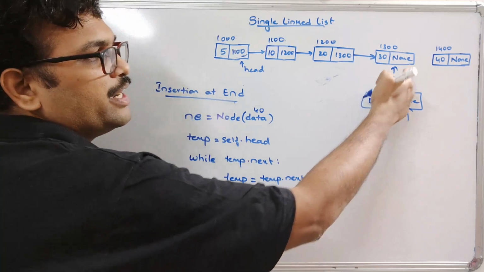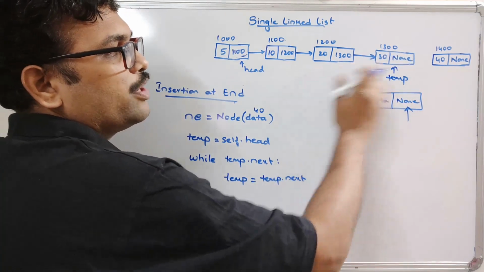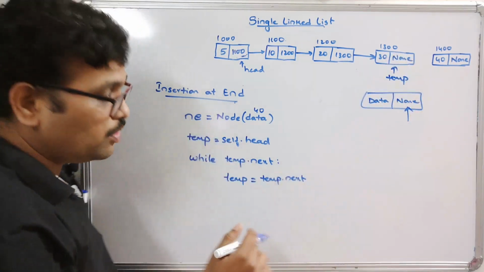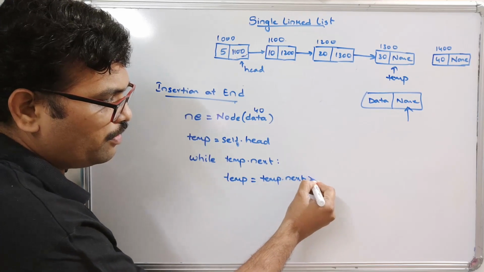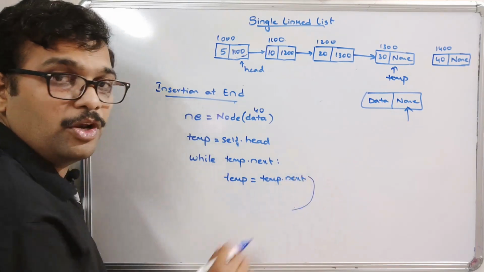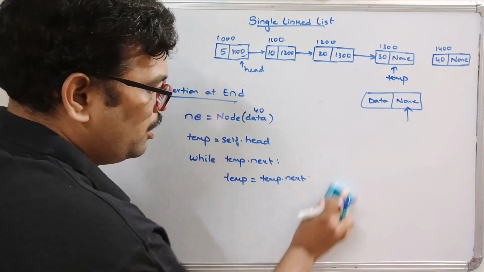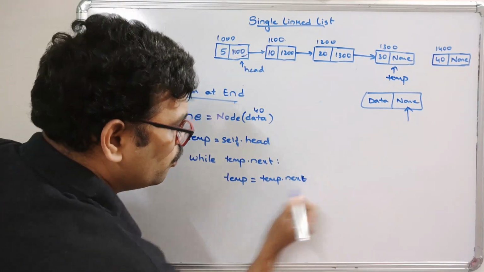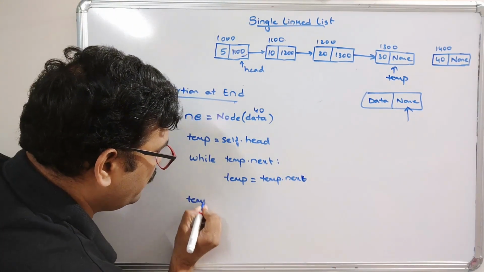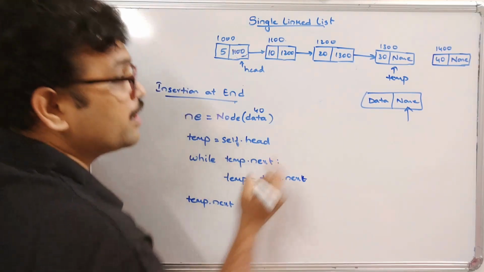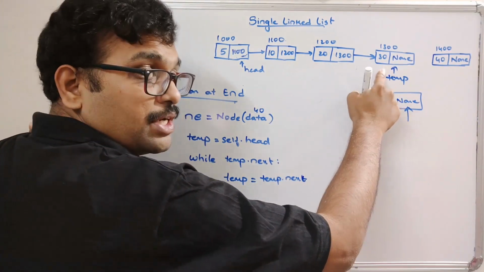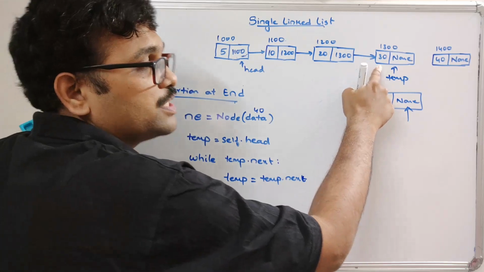Now temp dot next is none. Here the temp dot next is none, so automatically the control will exit from the loop. After coming out of the loop, we can write temp dot next, because temp is at the last node. Temp is pointing towards the last node.